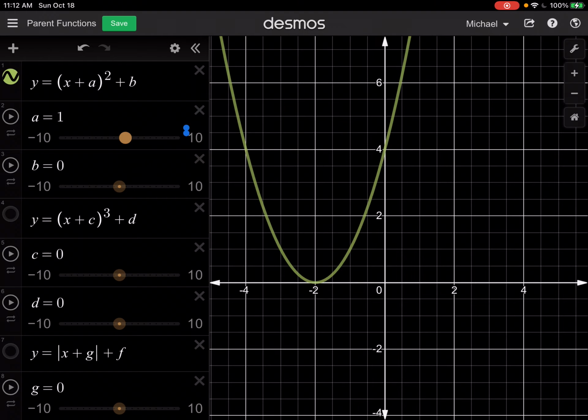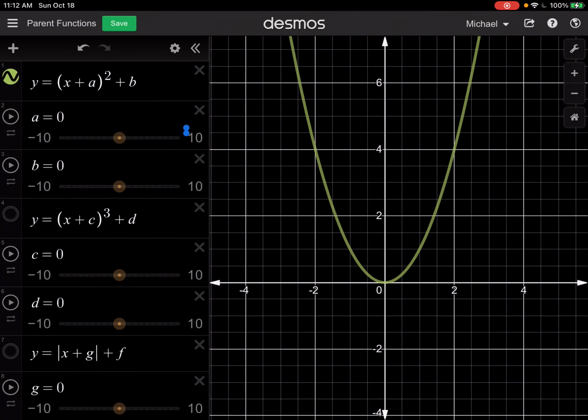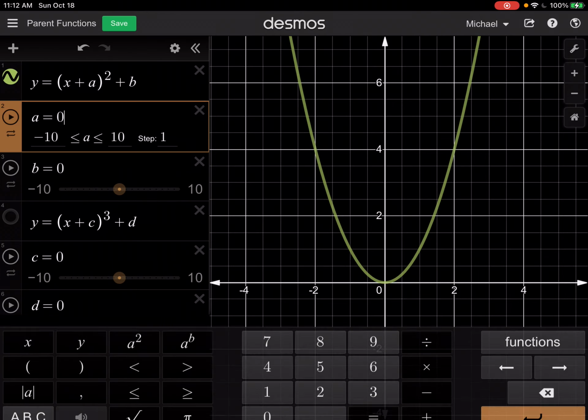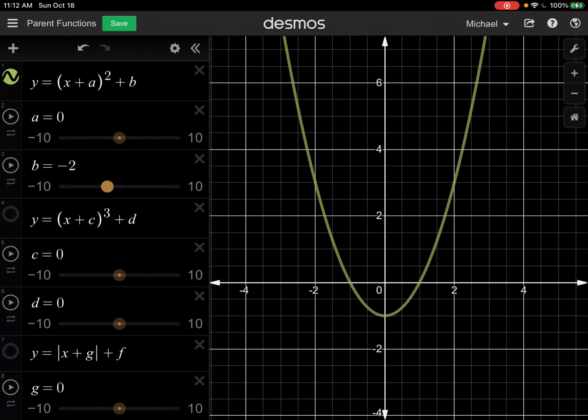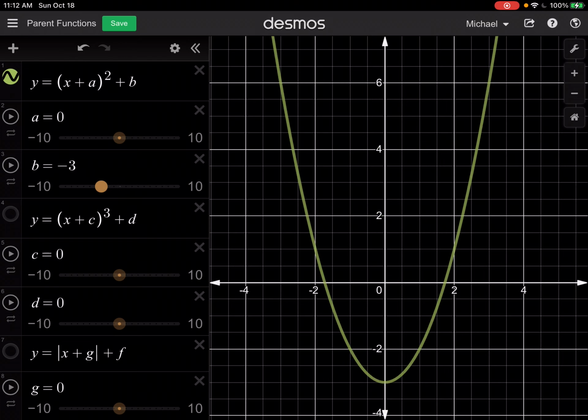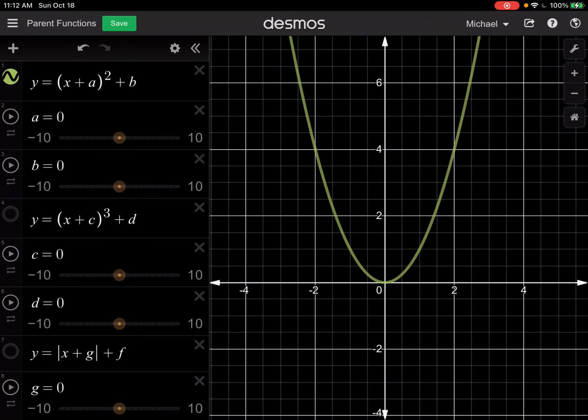If I slide it here, again, I see that the a value, the value on the inside, does in fact move your graph left or right. Whereas the b value on the outside still moves my graph up and down, right? So one of them just moves it up and down, that's our outside number, whereas the inside number just moves our graph either to the left or to the right.